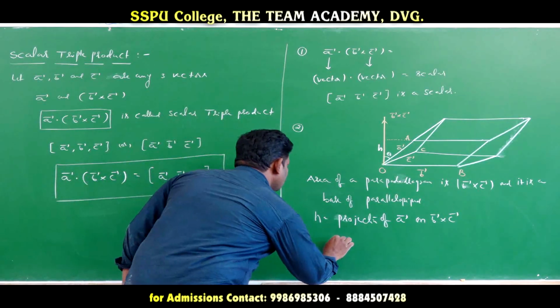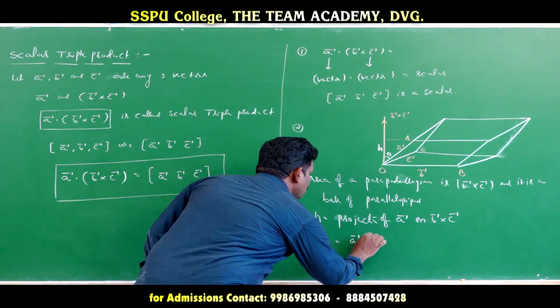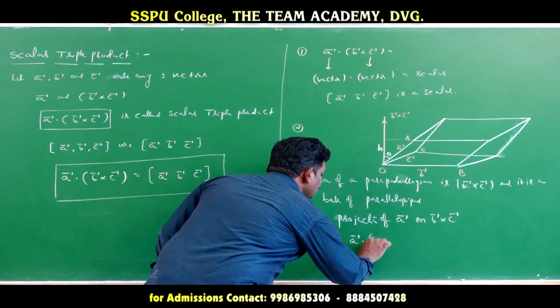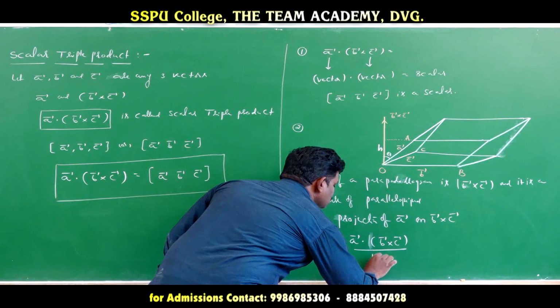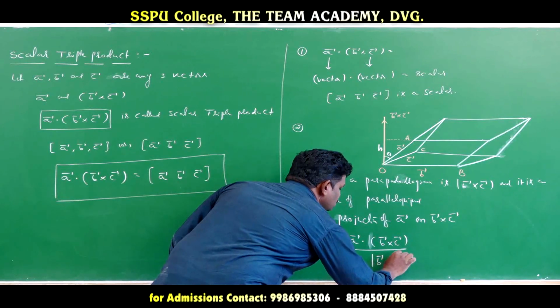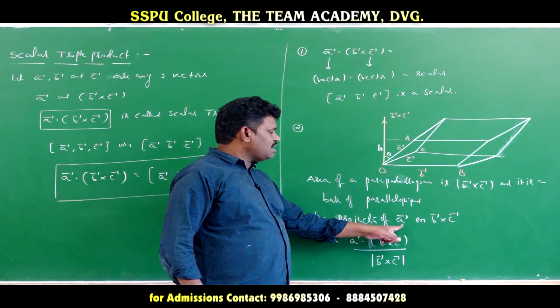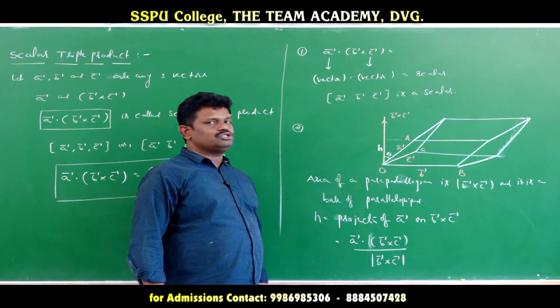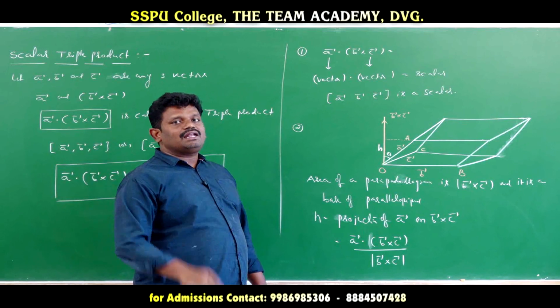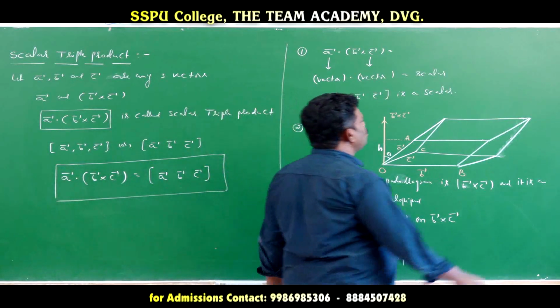So here, H is A bar dot B bar cross C bar by the magnitude of B bar cross C bar. Okay? This is the height. Then finally, the volume of the parallelepiped.